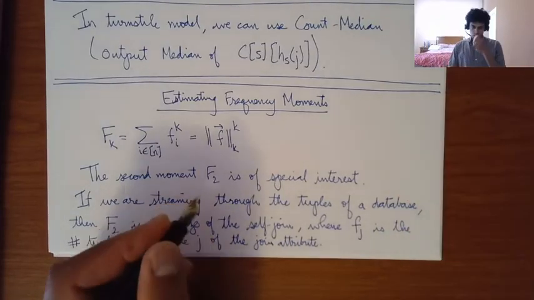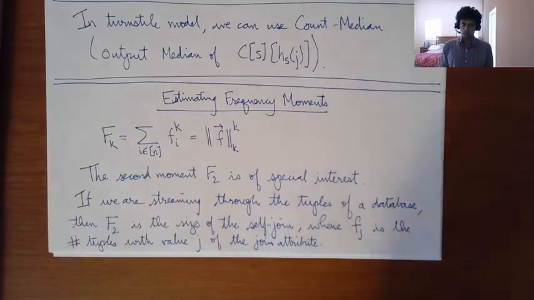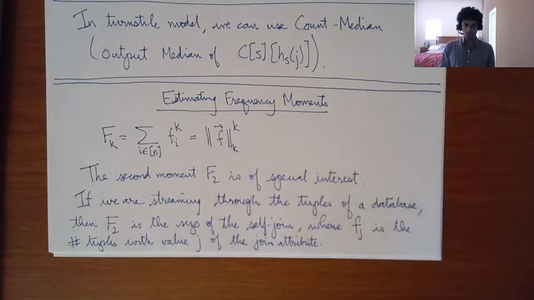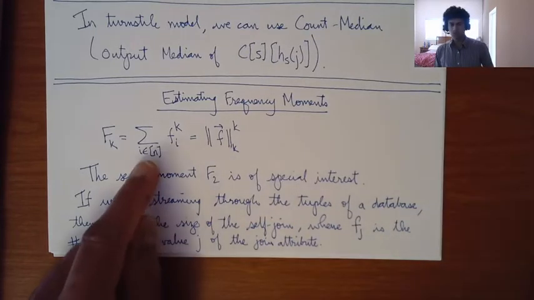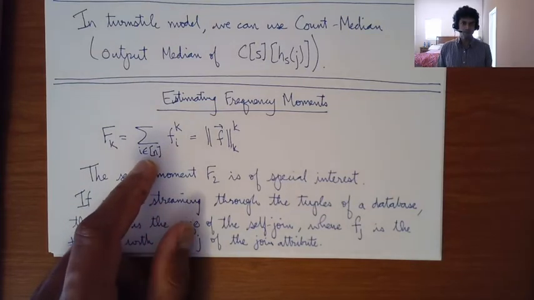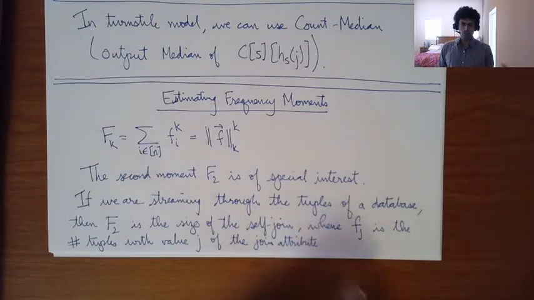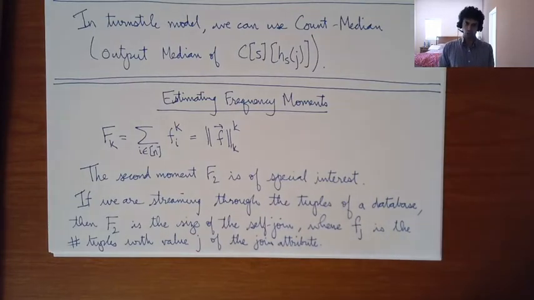Right, so F2, which is the sum of squares of the frequency counts, is of special interest because if you were to think of streaming through the tuples of a large database and you're doing a self-join on a particular attribute, then that attribute takes a bunch of values which you could think of as going from 1 to n. And Fj is basically the number of tuples with the value j on that join attribute.